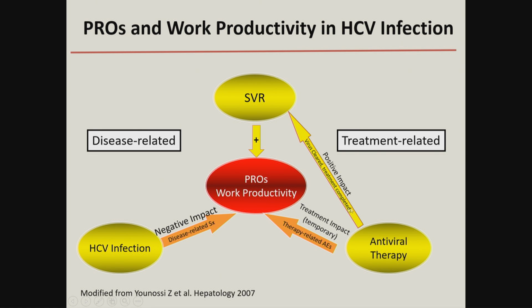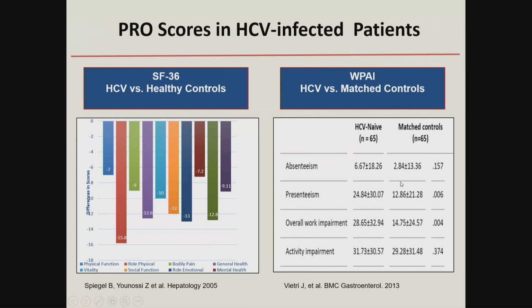So in the old days, interferon could have a terrible impact on patient-reported outcome, while as I'll show you in the data, you can have the new treatment without interferon or ribavirin that can have a positive impact. And of course, if you achieve sustained virologic response, as I'll show you in the data, there will be some improvement of PROs. Let's just look at some historical data.